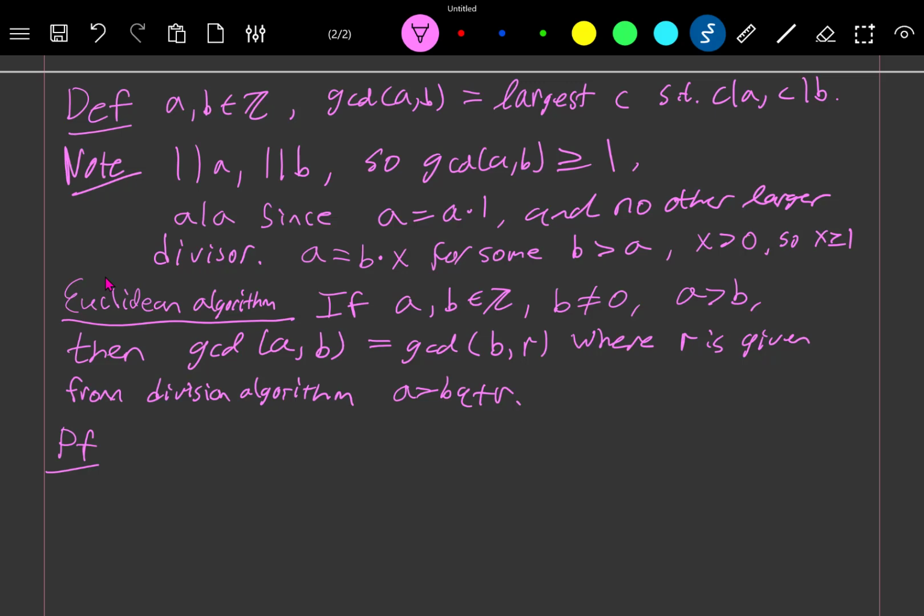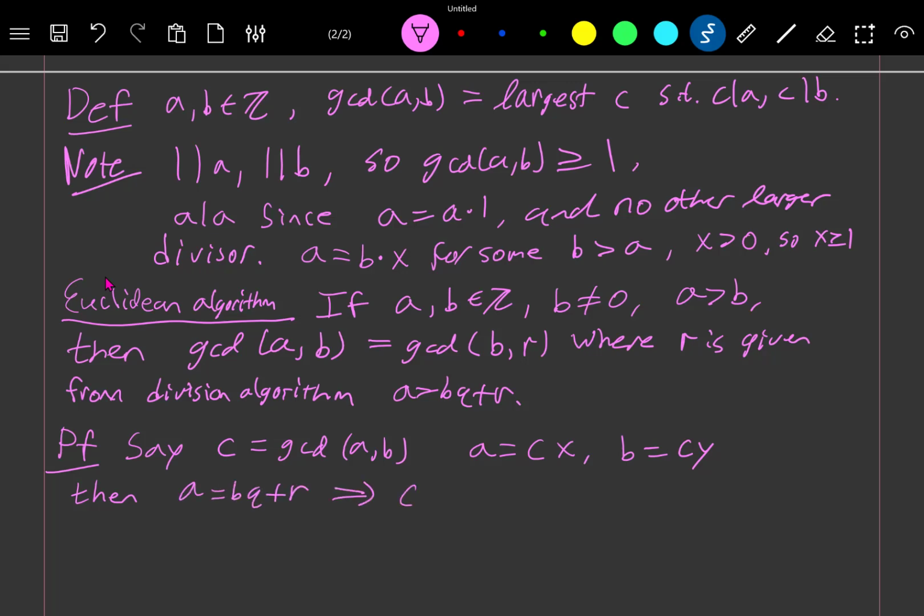So first, say C is the GCD of A and B, right? So C is the greatest common divisor. So A is C times X, and we can write B is C times Y. Then if you look at A as BQ plus R, then we can say this is CX is CYQ plus R. So we have that R is C times (X minus YQ).